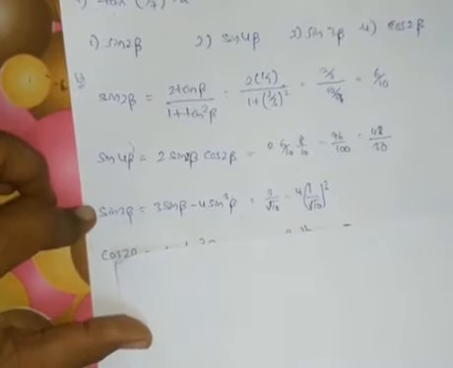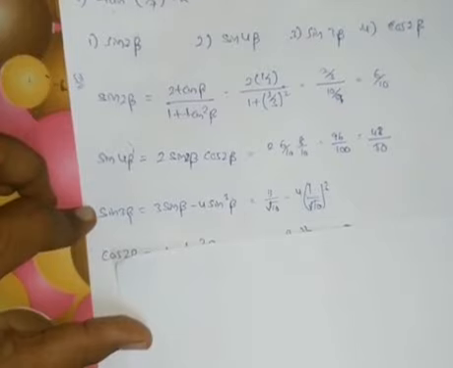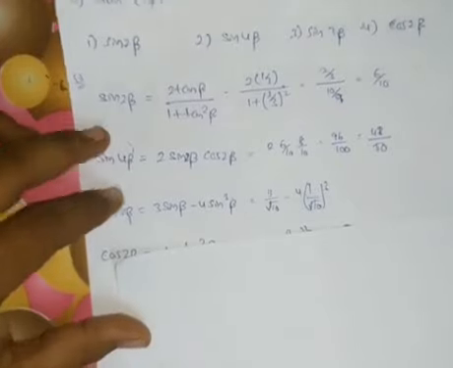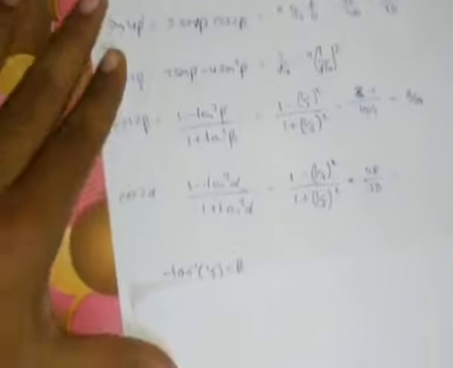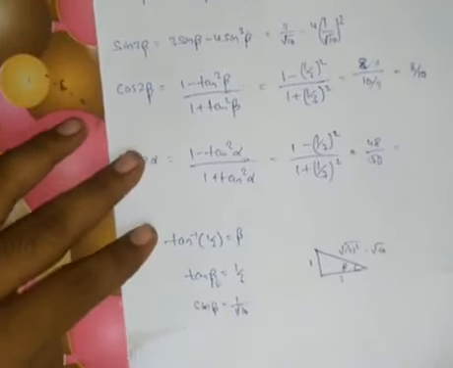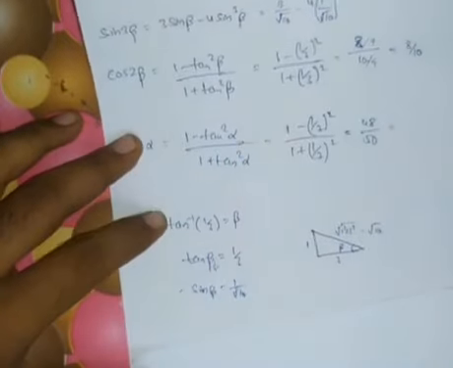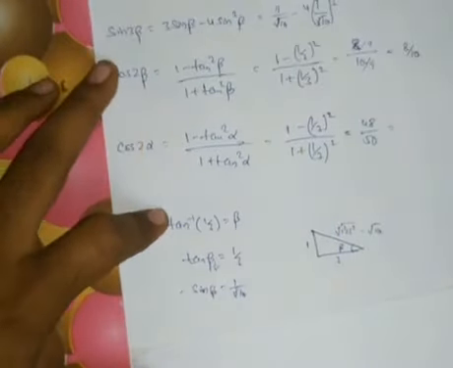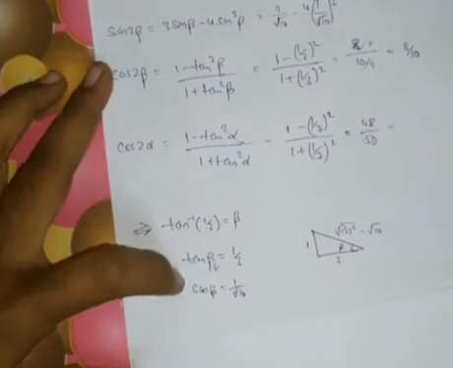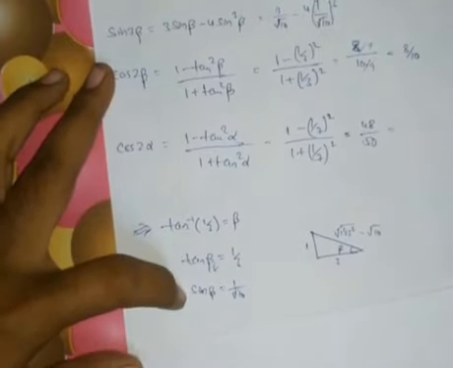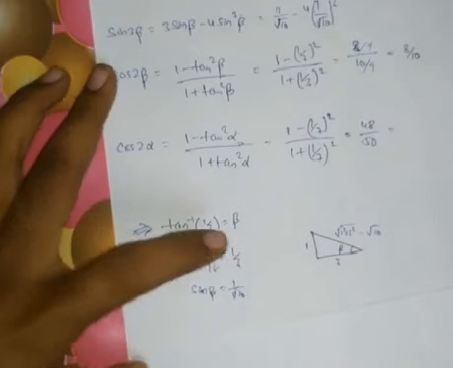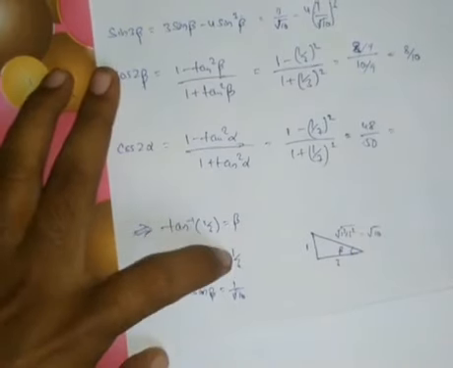Now, given tan inverse of 1 by 3 is equal to beta, tan beta equals 1 by 3 and sin beta equals 1 by under root 10. Because the tan value means opposite by adjacent, this is the opposite side, here it is angle beta, and the adjacent side is 3.